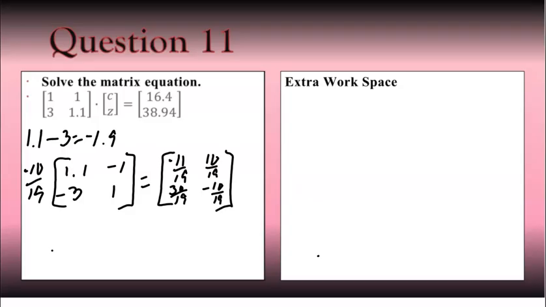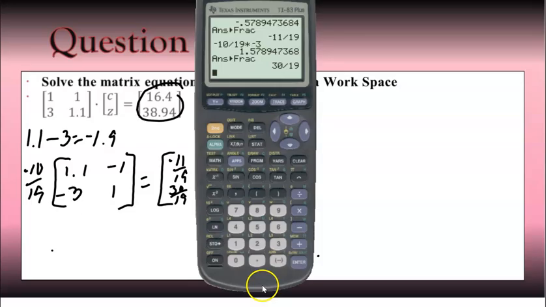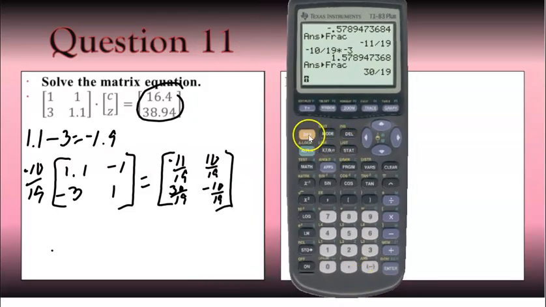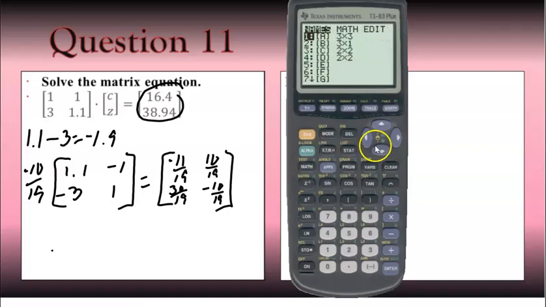Now for the rest, all we're going to do is take the inverse, take this and multiply it by this matrix here. And so we're going to do this on our calculators here. So we got to go back to our matrices. We know it's a 2 by 2, so I'm going to edit number 3.